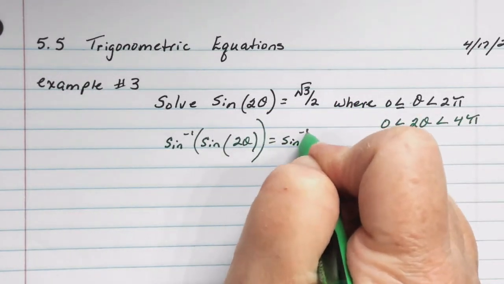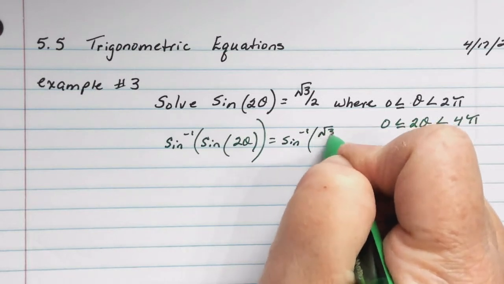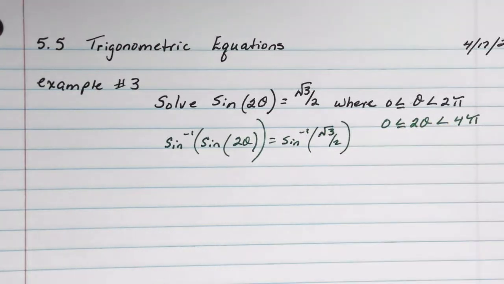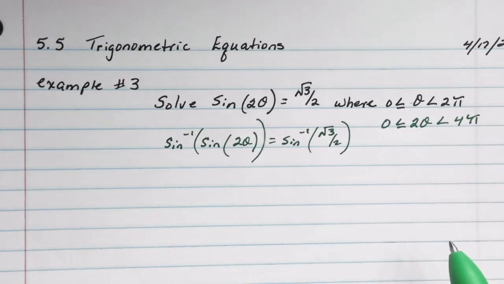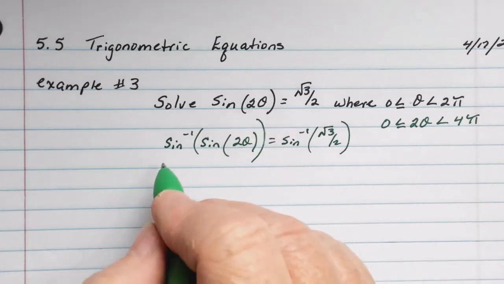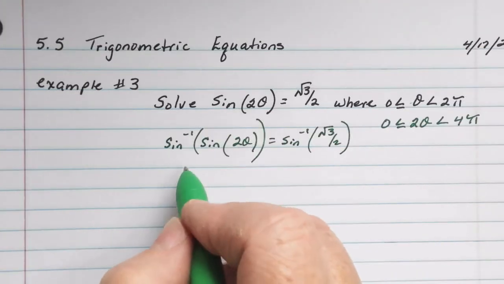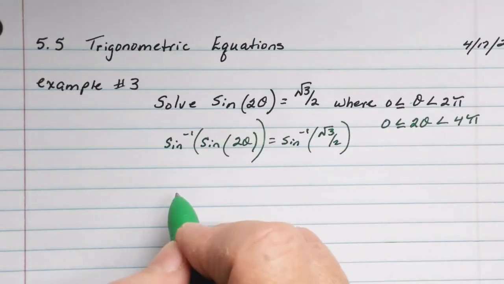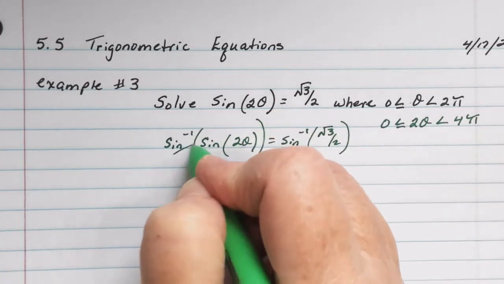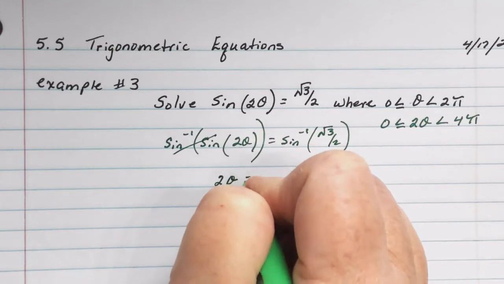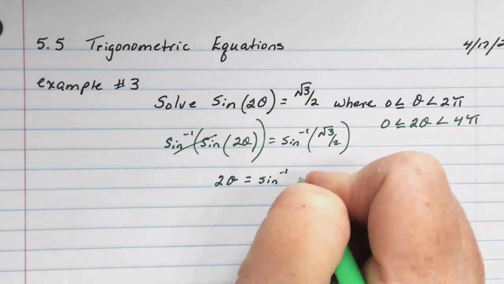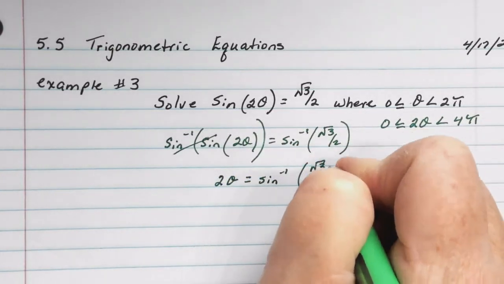I say this is informal because this will get you only some of the solutions, a quadrant 1 solution, but we have to make sure that we're covering all solutions. Anytime you do something to an equation, you want to do it to both sides. So sine inverse cancels the sine, and you have 2 theta equals the sine inverse of the square root of 3 over 2.